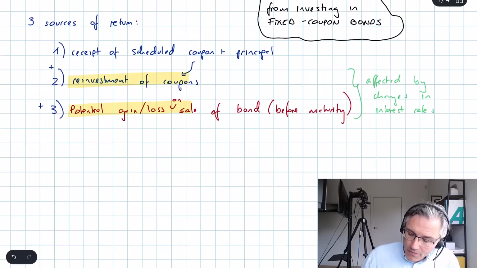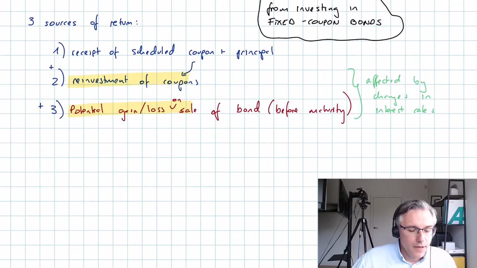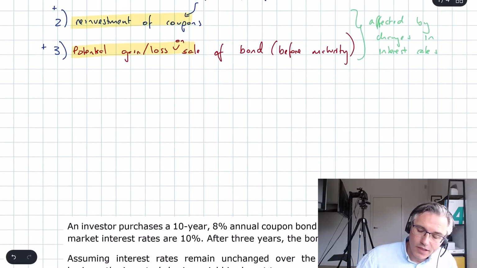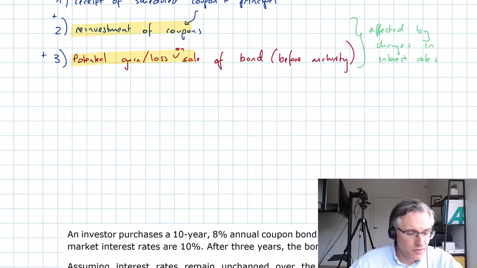Now, let me go back just a moment to a previous video that we did. One of the initial ones on the topic of bond pricing and actually measuring the yield to maturity as well.